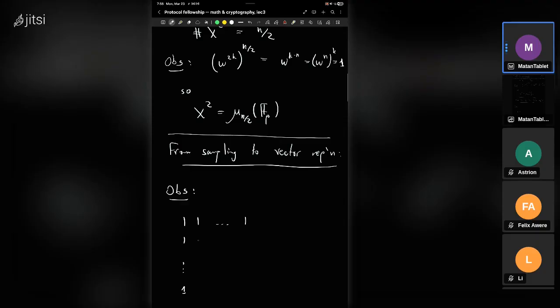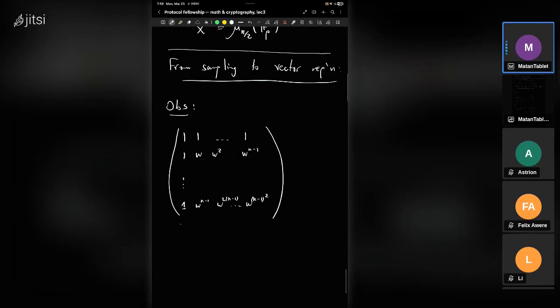And here it's going to be W, W squared, up to W to the n minus 1. And at the bottom of the matrix, I have W to the n minus 1, W to the 2n minus 1, up to W to the n minus 1 squared. Okay, this is a matrix.